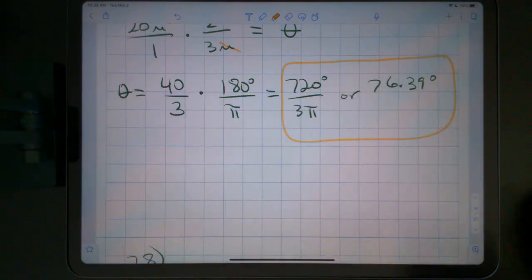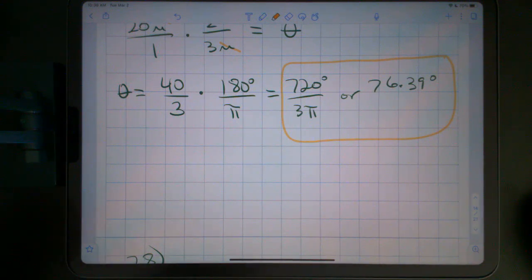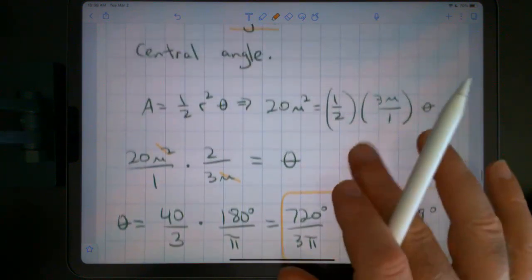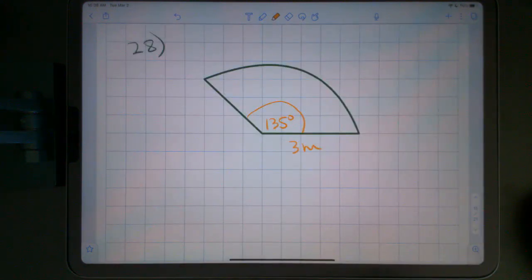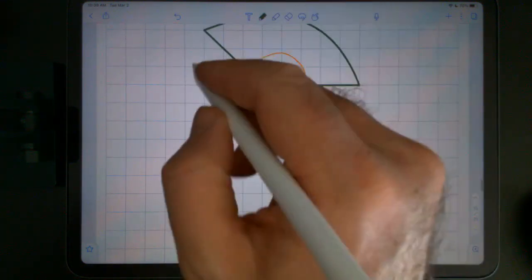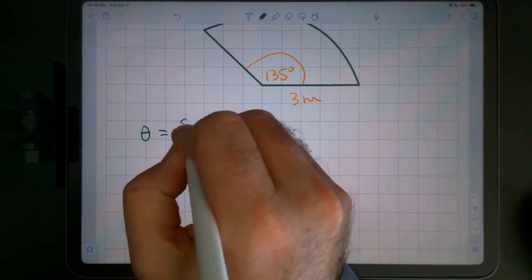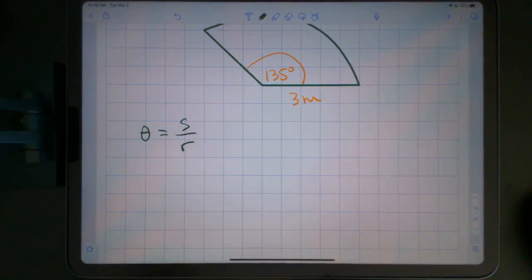Okay. Number 28 says find the perimeter of the sector and the area of the sector. Well, the perimeter is the distance around, and so we have theta equals S divided by R from earlier in this section.